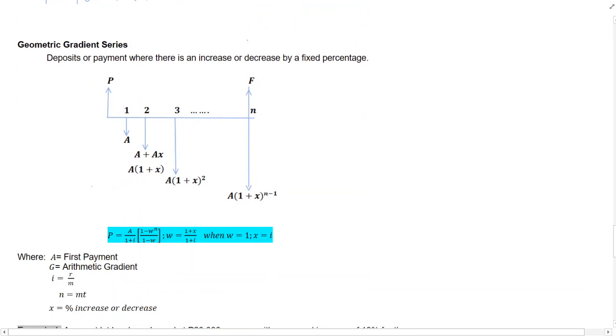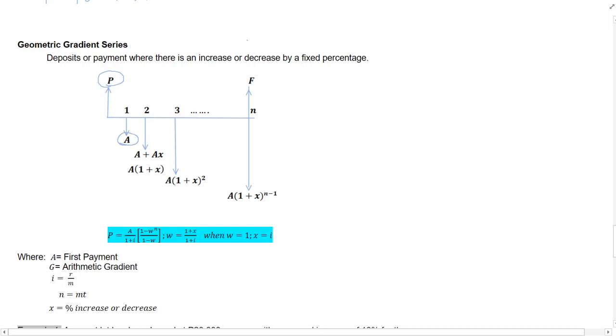For this one, it is the deposits or payment where there is an increase or decrease by a fixed percentage. The percentage for this one is fixed and it is mentioned. So that is your clue for the geometric gradient. If we are going to draw the timeline for that, this is your present worth, this is your first payment, the annuity.